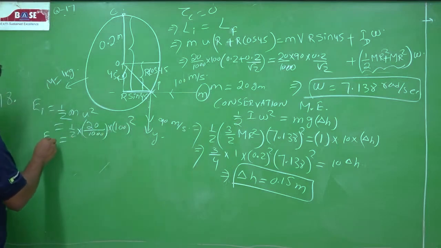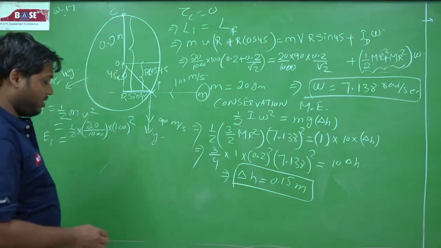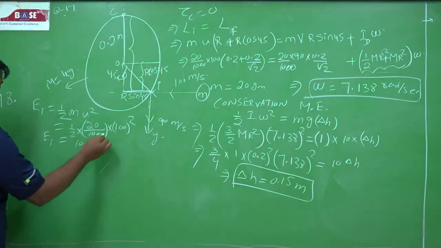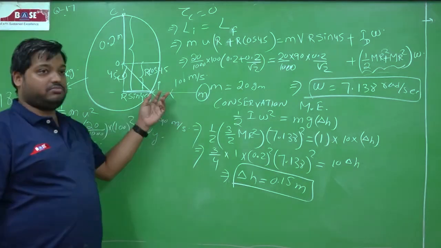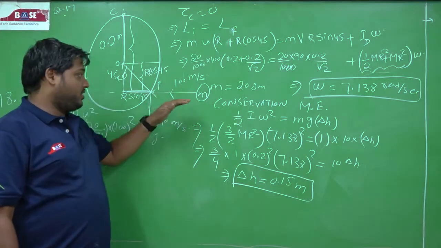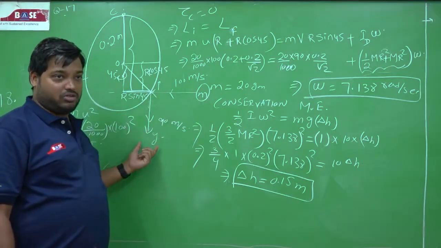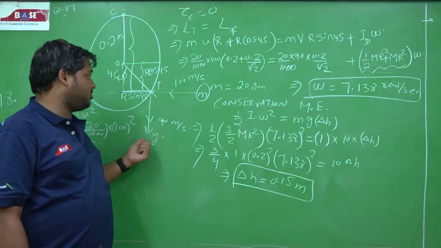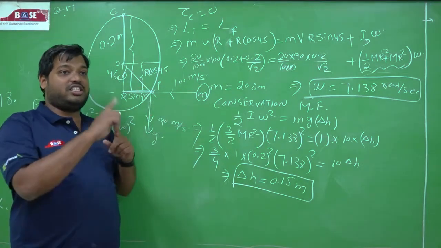If I solve, I am getting initial kinetic energy as 100 J. Now the final one. After when this particle will strike this, then there will be one energy along the y direction. Okay, as it is moving along the y direction, so it has a certain kinetic energy, as well as another thing is that the disk will start to rotate, which is initially at rest.